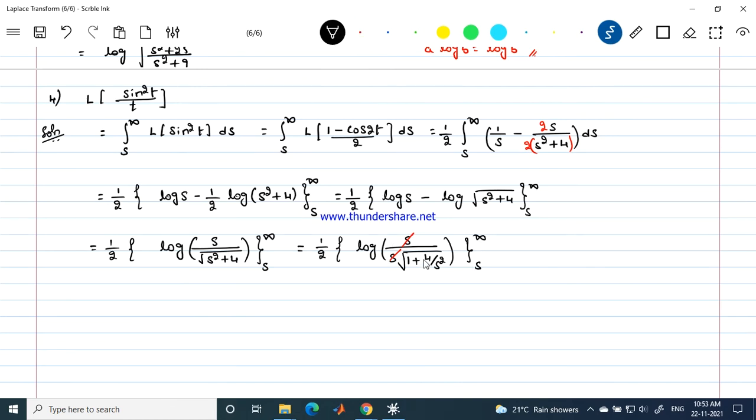Here when I substitute the upper limit, it becomes 1 by 2 log of 1 upon square root of 1 plus 0. It just becomes log 1 minus this lower limit. On simplification, it will be the same expression, log of s upon square root of s square plus 4.